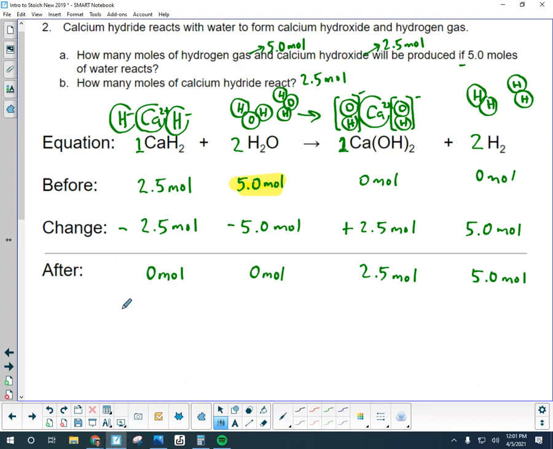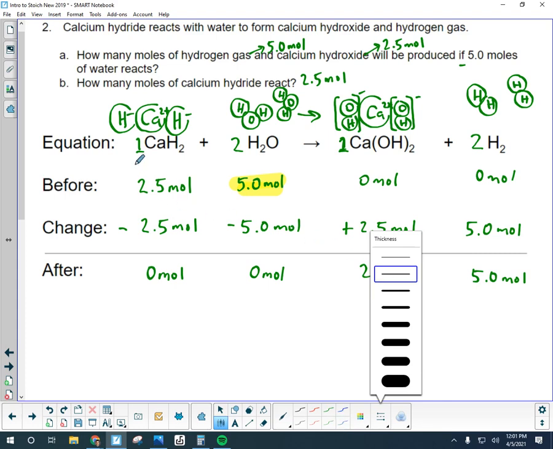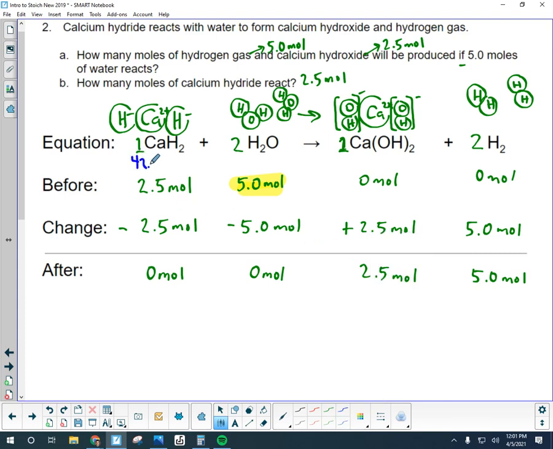And that is 42.10 grams per mole, grams per 1 mole if you want to think about it like that. H2O, if we add them up, H is 1.01 grams per mole times 2. Oxygen is 16.00 grams per mole. So adding those up, that is 18.02 grams per mole.